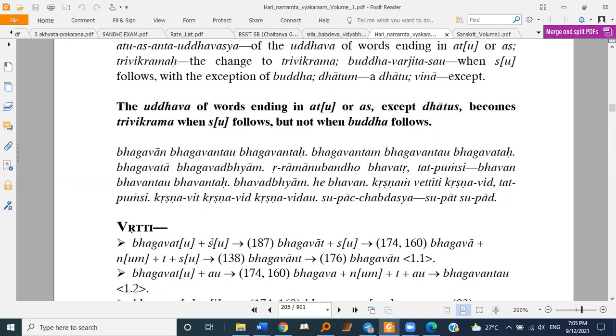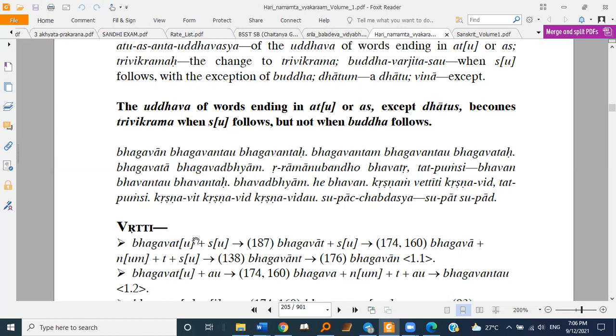So Bhagavatu Yukta Su. So we apply this current sutra, Atva Santo Dhavasya Trivikrama Buddha Varjita Sau Dhatum Vina. And then this Uddhava becomes Trivikrama A. And then we apply Achash Chatur Bhujanu Bandhanam Chanum Krishna Sthane, Sutra 174.